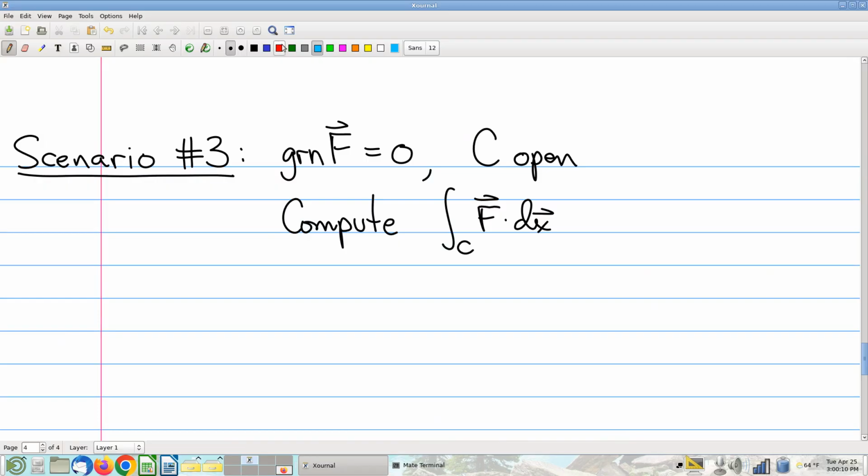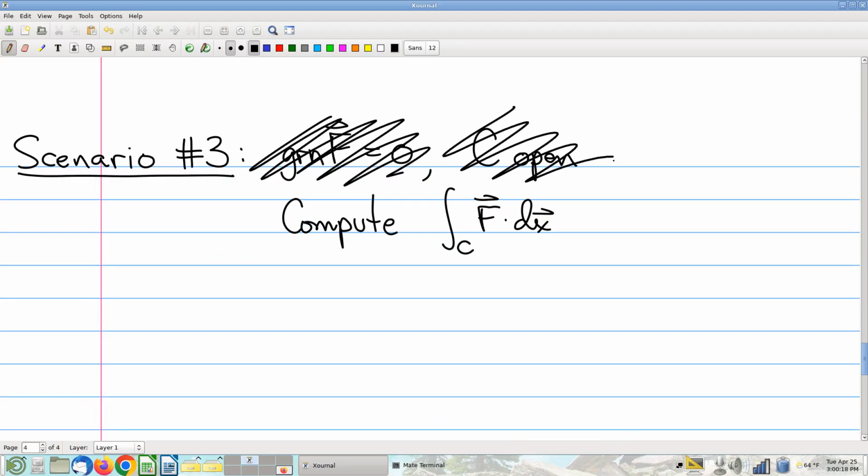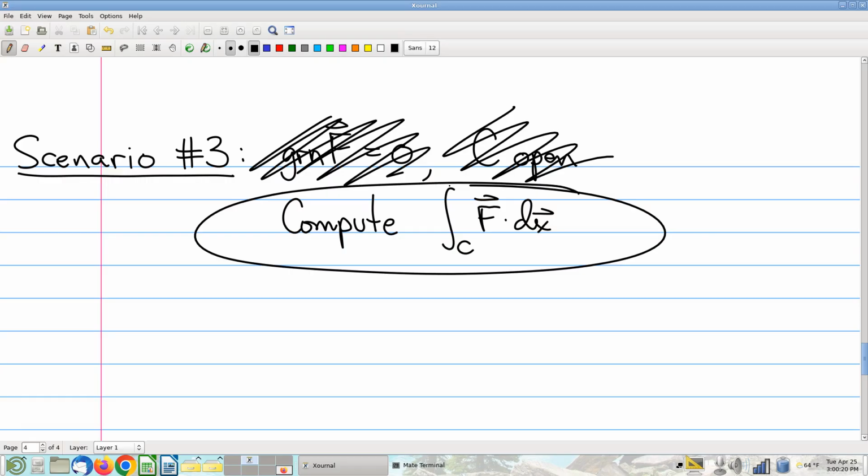So in that next scenario, here we go. And again, as a background, it's going to turn out that Green's operator is 0 and that the curve is open. But again, stated is just that we're computing a line integral in 2 dimensions, I should say here in R2. And so, again, students would very reasonably compute Green's operator.